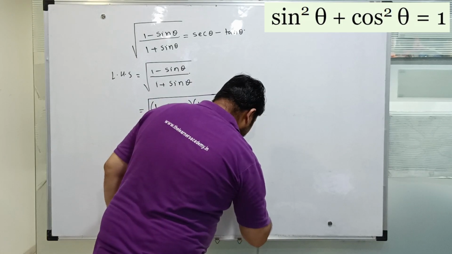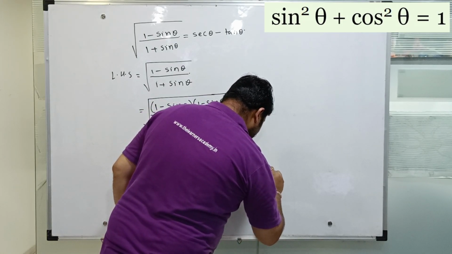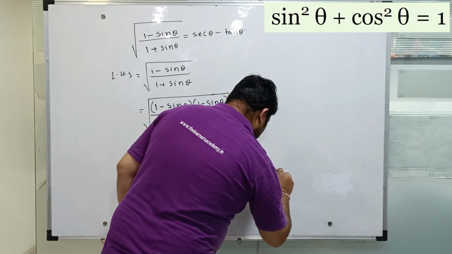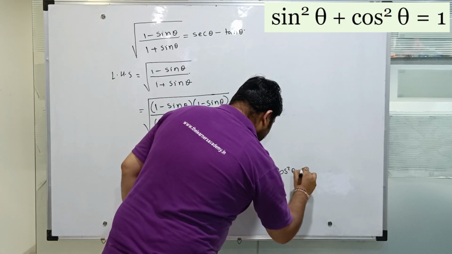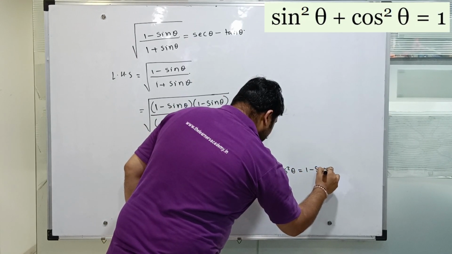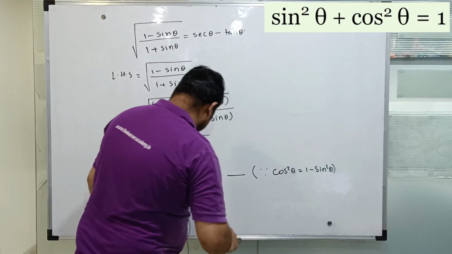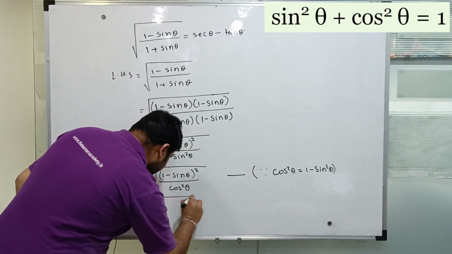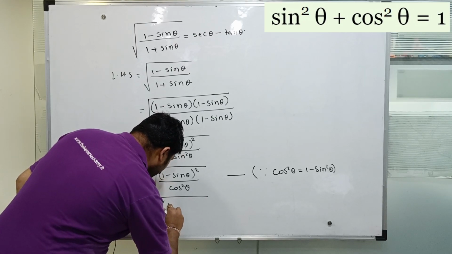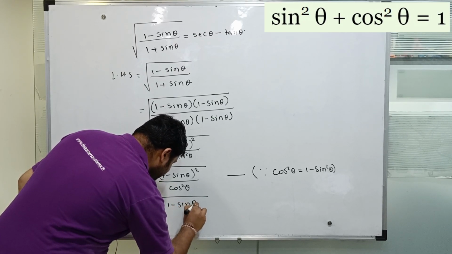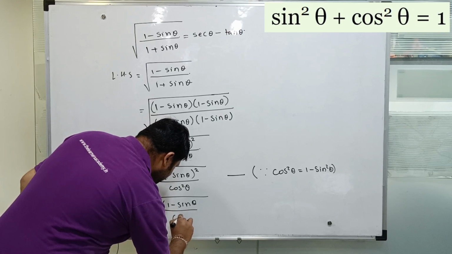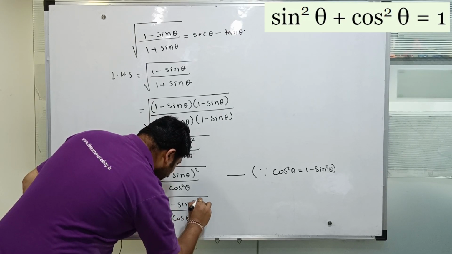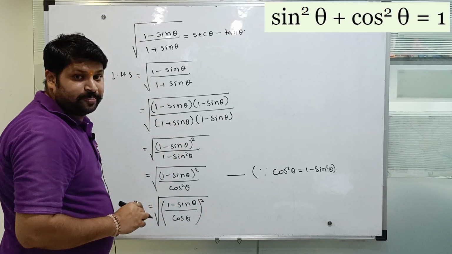Why? Because as I have manipulated, cos square theta is equal to 1 minus sine square theta. Now this further I can write as 1 minus sine theta upon cos theta, the whole thing square.